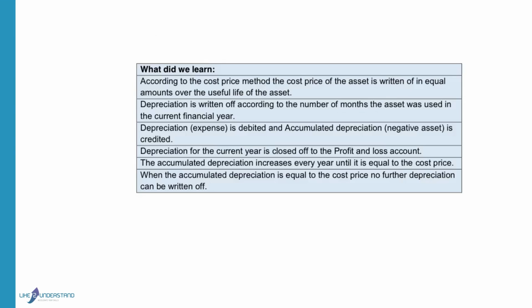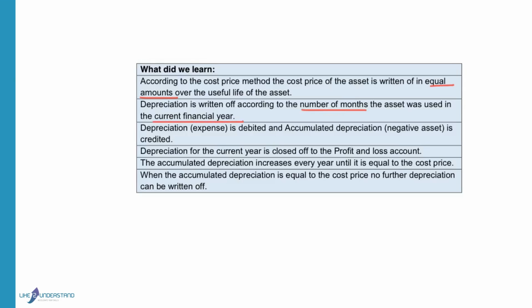What did we learn? According to the cost price method, the cost price of the asset is written off in equal amounts over the useful life of the asset. So we will write off the same amount every year if we bought it on the first day of the financial year. Depreciation is written off according to the number of months the asset was used in the current financial year.